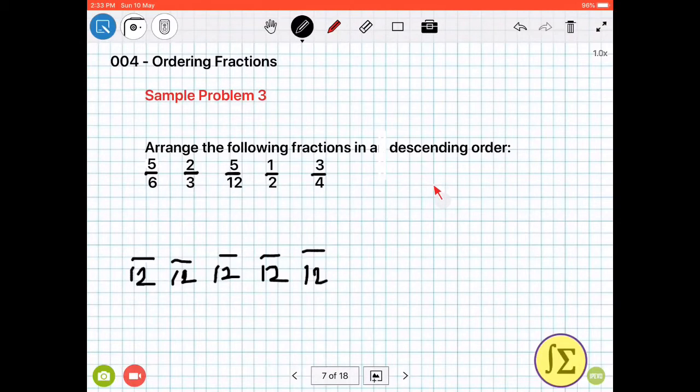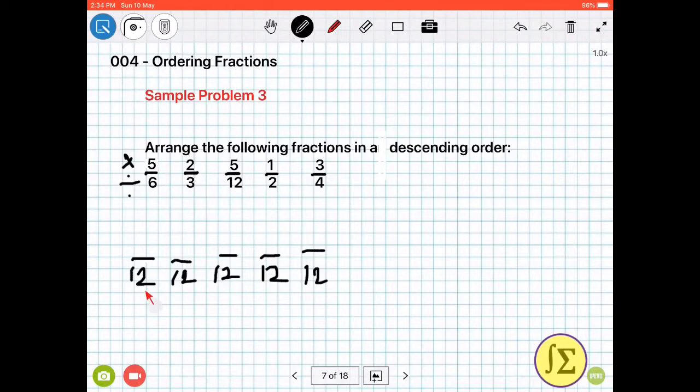I'm going to teach you a tip on how to quickly convert fractions to equivalent fractions with a different denominator, in this case 12. To find the numerator, we take 12 and divide it by the denominator, and then we multiply it with the numerator.